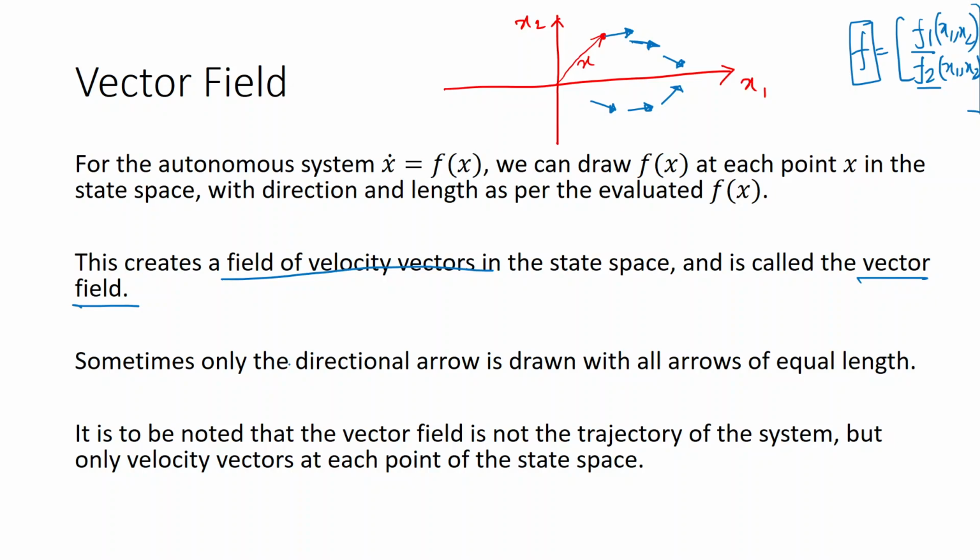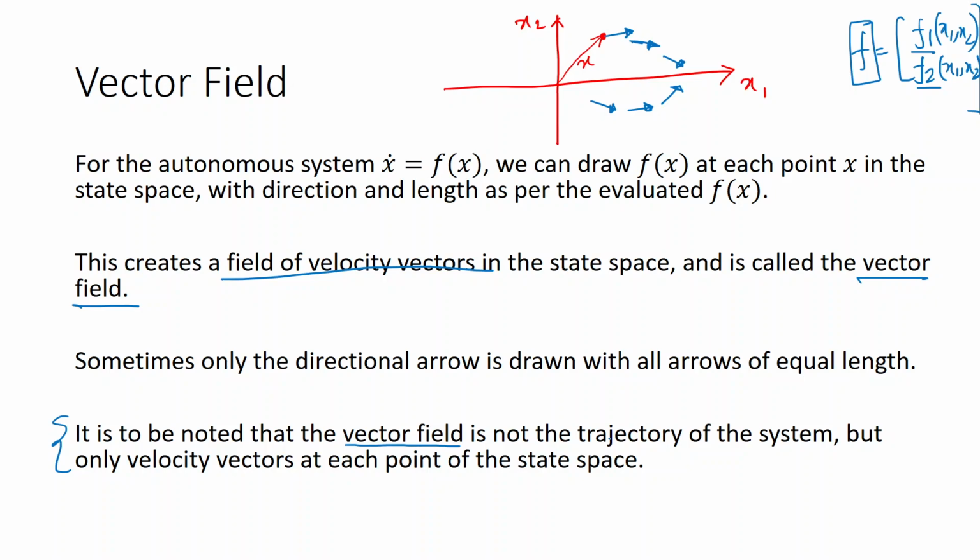If you also draw the length as per the magnitude, then you also have an idea of the strength of the vector field at that particular point. It is very important to note that this is the vector field only that you are drawing, and it is not the trajectory.